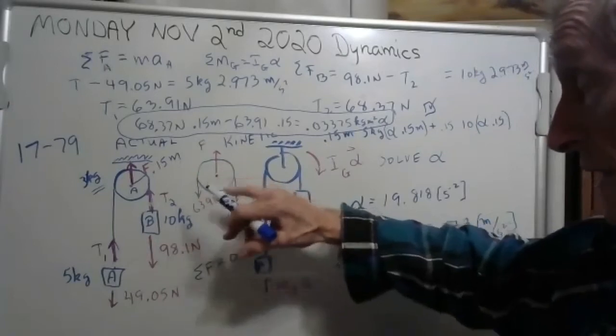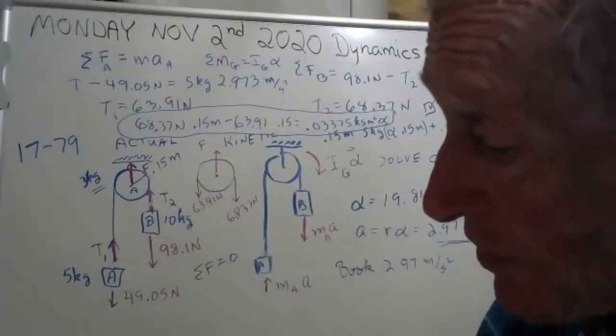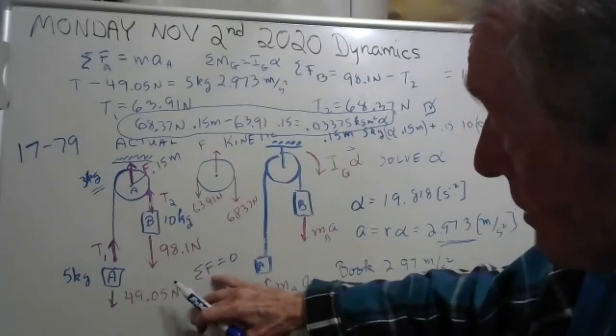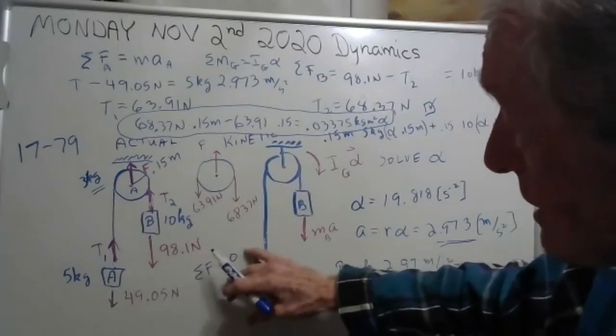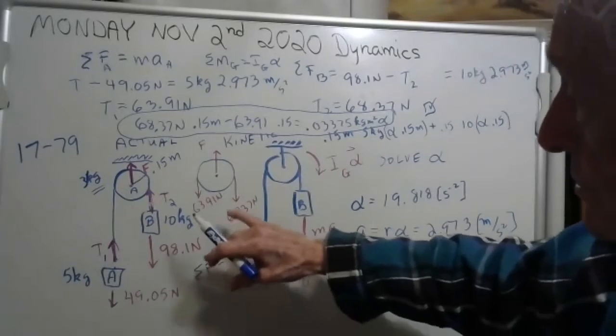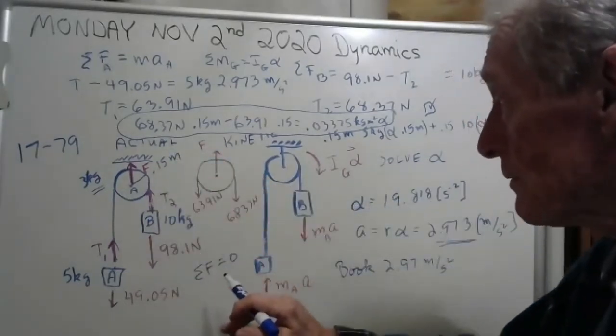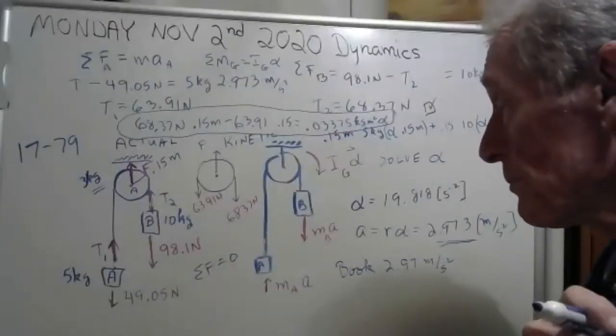Because it doesn't have linear acceleration now. It's got angular acceleration, but Newton's second law, translationally, sum of the forces is 0. So that force is equal to, well, whatever those are when you add them up.